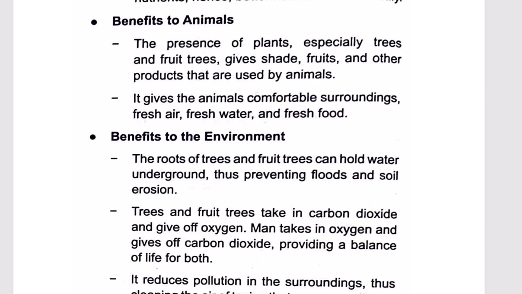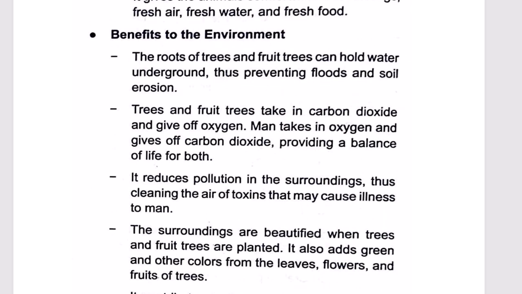With the help of these plants or trees that you plant or that are there in the forest or in the garden, these animals can survive, because of the shade, the fruits and other products that they use. It gives the animals comfortable surroundings, fresh air, fresh water, and fresh food because of these fresh products of the plants.